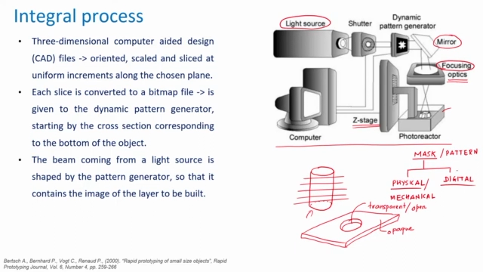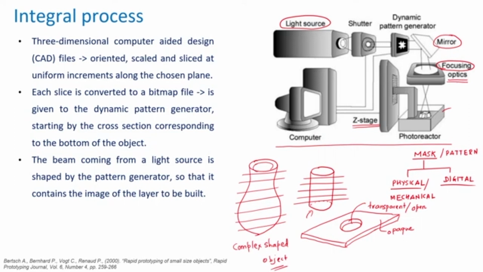But consider the shape that we have seen in our previous slide. Suppose an artifact of this shape has to be developed, and to manufacture such a component the cross section is not uniform. So, for such a complex shaped object, the mechanical mask will not suffice, it will not be useful.